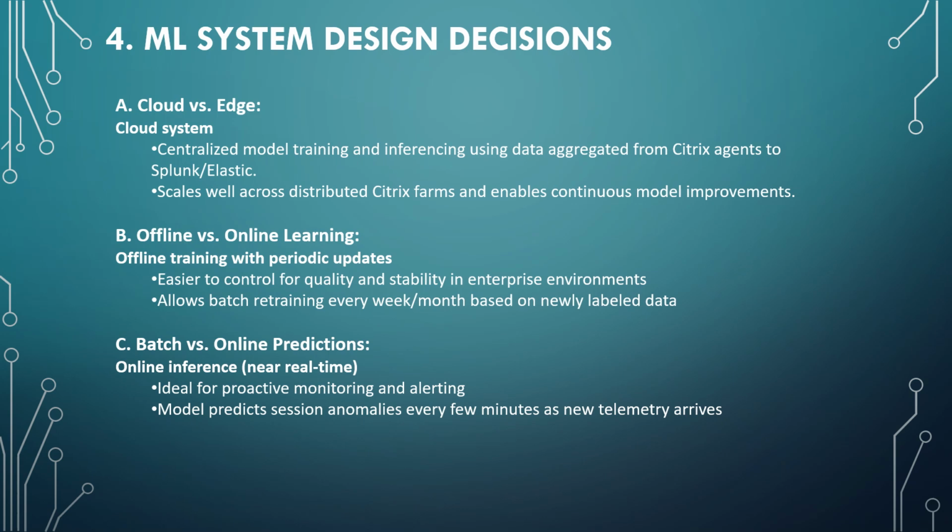We're going to be using offline learning with scheduled retraining. Probably we can start with weekly or monthly. It depends on the data granularity that we want for our model. For inference, we'll use online predictions, scoring incoming session data in real time.